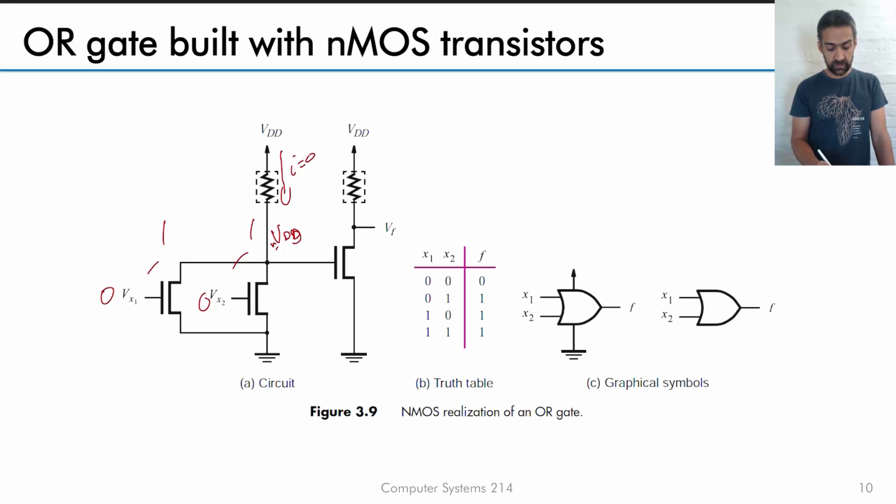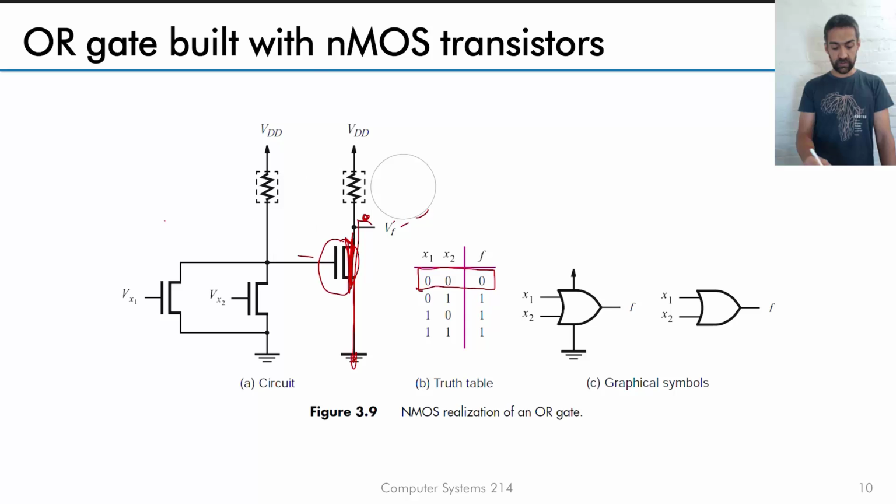Because this is equal to VDD, then this transistor will turn on, so it turns into a short circuit. Because it's a short circuit, current flows here, and this point is short circuited to ground, so VF is equal to 0. So that brings us to this condition here. Right, that's the first point of our truth table.